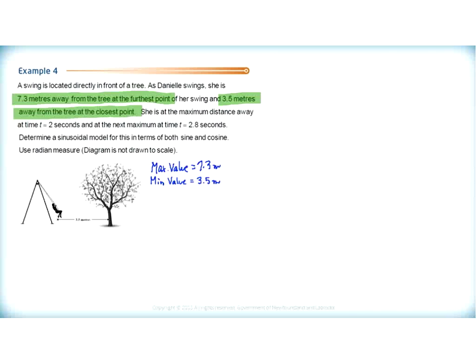Once you know the maximum and the minimum values of the function, you can determine the equations of the sinusoidal axis as well as the amplitude. So the sinusoidal axis will equal the maximum plus the minimum value divided by 2. So we have 7.3 plus 3.5, which is 10.8, divided by 2 is equal to 5.4. So the equation of your sinusoidal axis is y equals 5.4, and the parameter d is equal to 5.4.